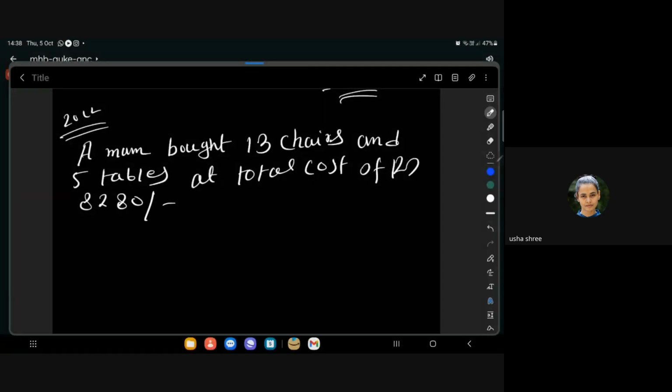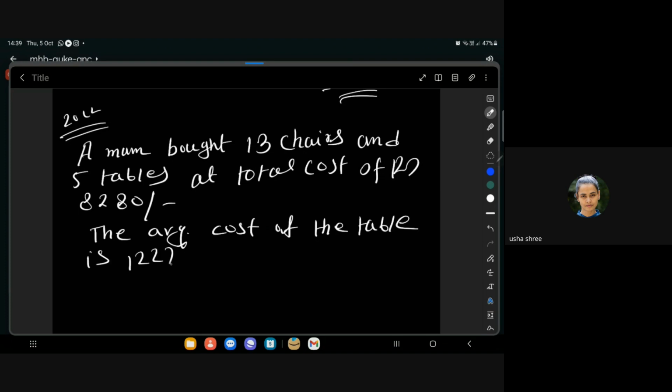So the total cost of 13 chairs and 5 tables is 8,280. Now the next information: the average cost of a table is 1227.